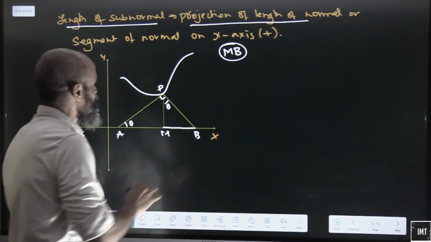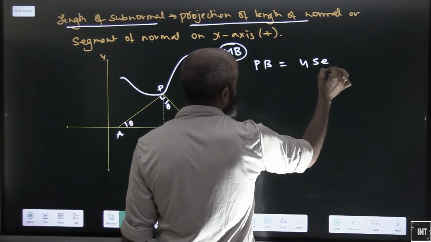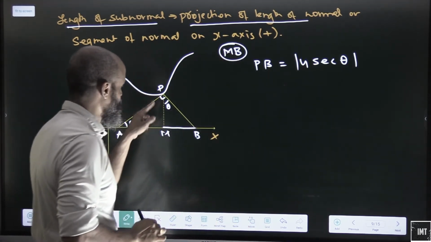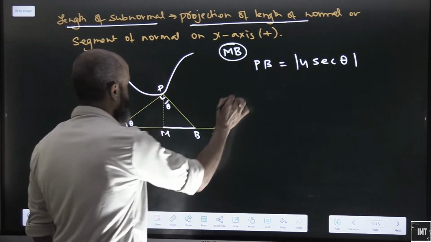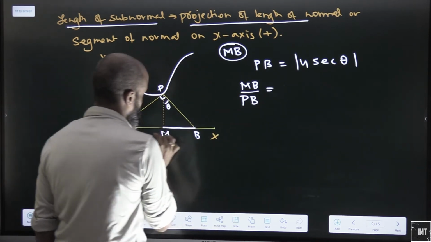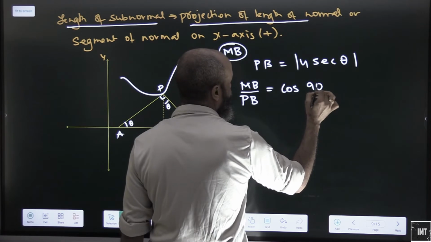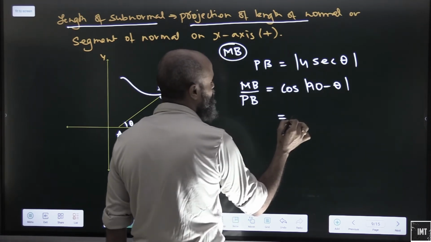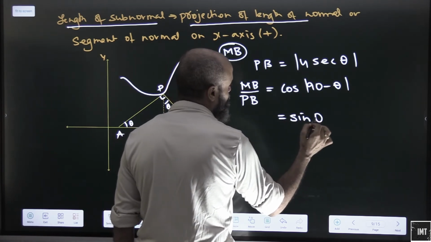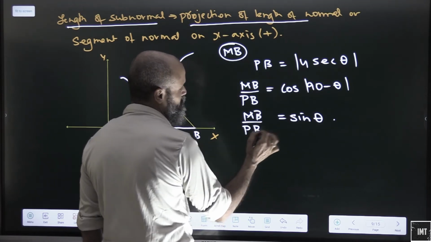It's very easy. We have seen that PB is equal to y sec theta. So what will be the projection? If we say MB upon PB, that will be equal to cos of 90 minus theta, and cos of 90 minus theta is basically sin theta. So MB by PB will be equal to sin theta.